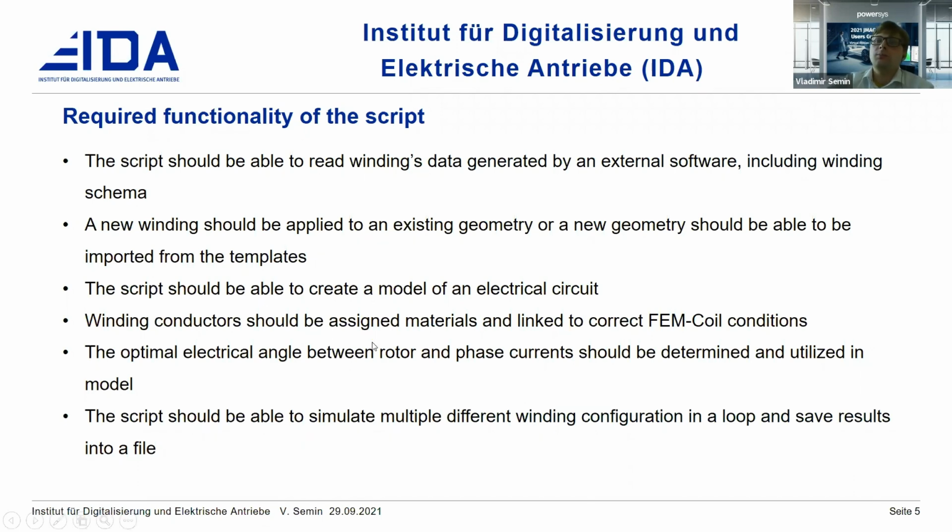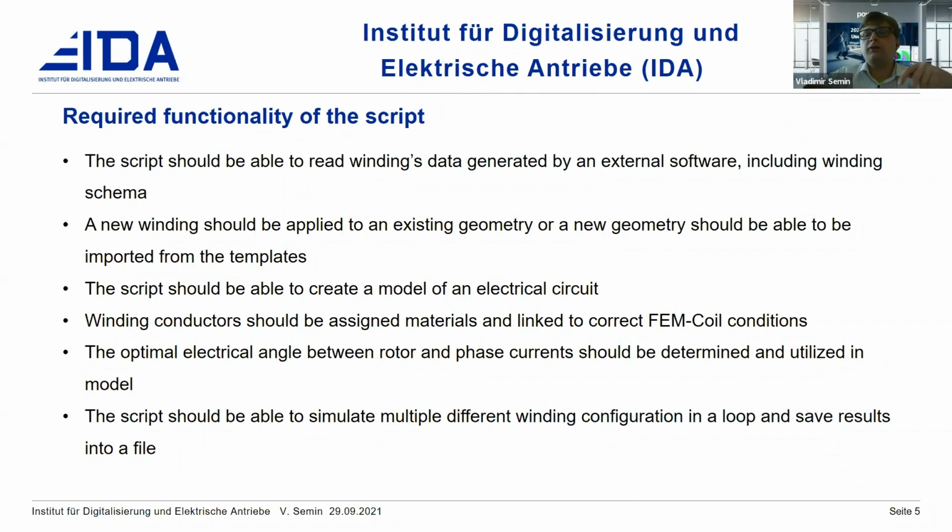Then the script has to define the angle with which the phase currents of the stator, for example, are shifted from the d-axis of the rotor, so that the optimal torque could be achieved.